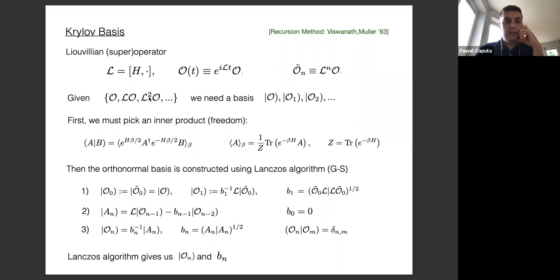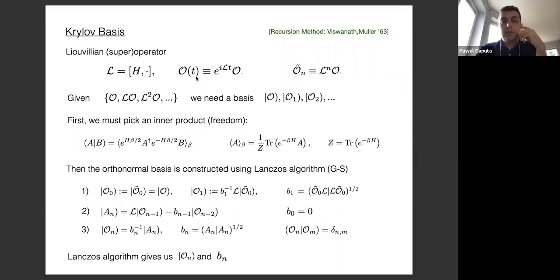So formally, we can define the so-called Liouvillian operator, which will be basically a Hamiltonian in this abstract space of operators, such that the action of the Liouvillian on operators will be basically taking commutators of the original Hamiltonian with those operators.